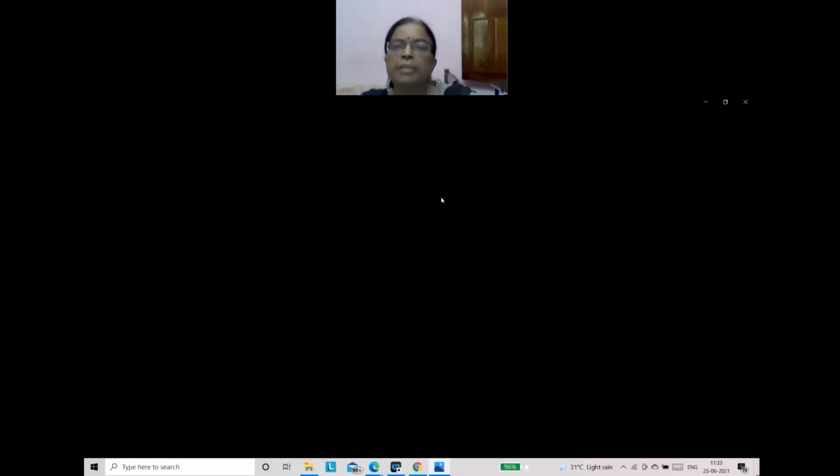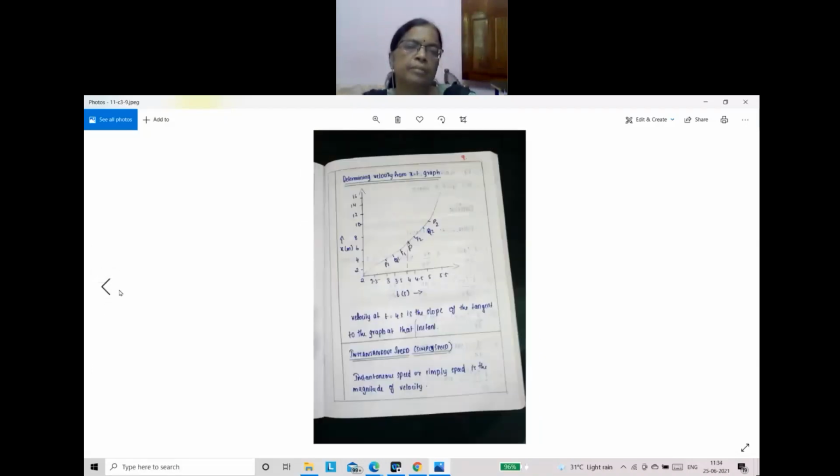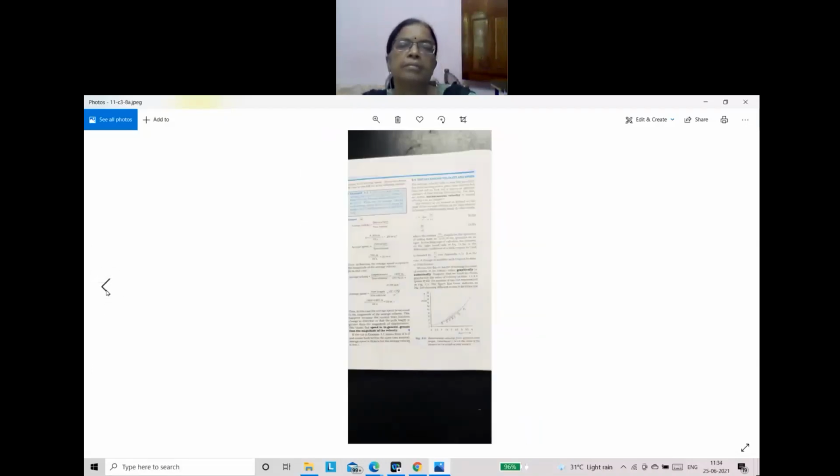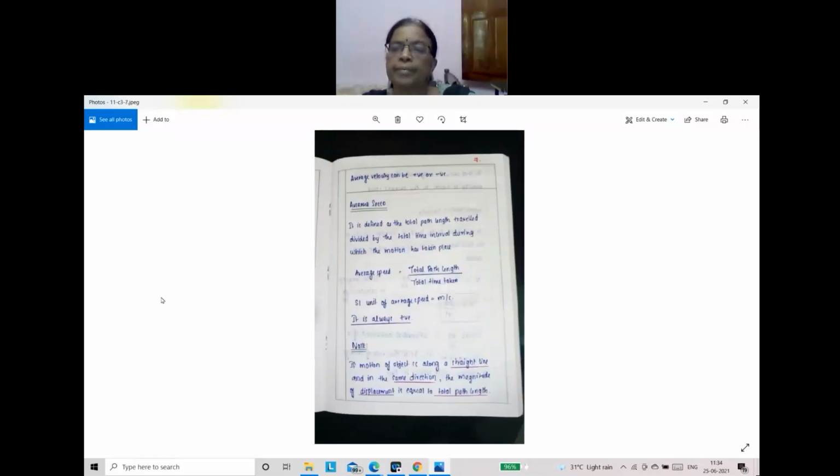Velocity is displacement by time. So what is the direction of velocity? This is the textbook page. Velocity's direction is in the direction of displacement. Very easy.